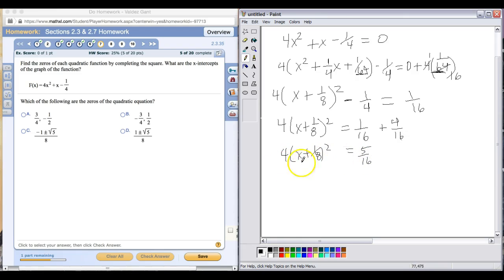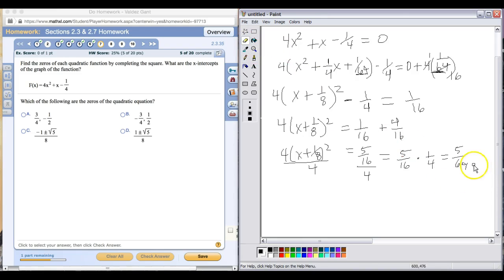Then we'll divide everything by 4 here. Dividing by 4 is the same as multiplying by 1/4, so I'll go ahead and do this part. That will end up giving us 5/64 here.